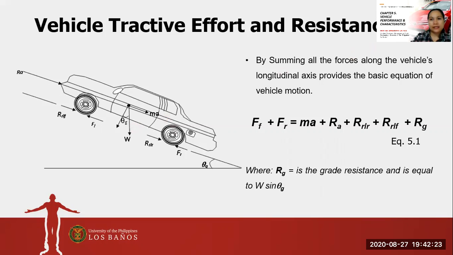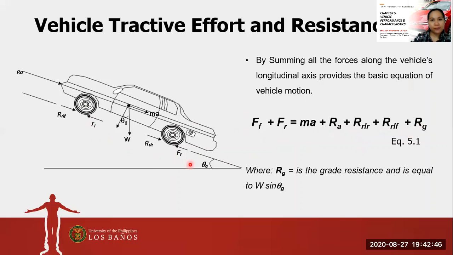we can see that we have the basic equation of vehicle in motion. So the summation of the forces in one direction should be equal to the summation of the forces going in the opposite direction.